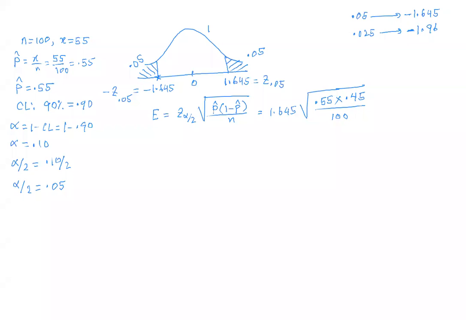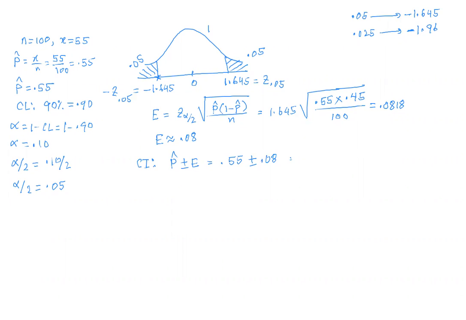which is 0.0818, which we can round to approximately 0.08. All right. So now your confidence interval is going to be p hat plus or minus the margin of error, that is 0.55 plus or minus 0.08.